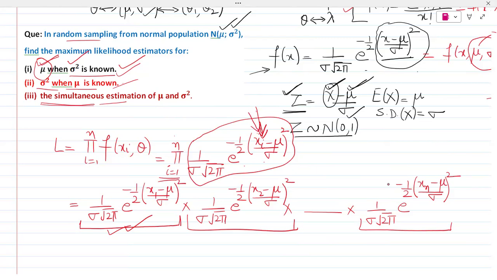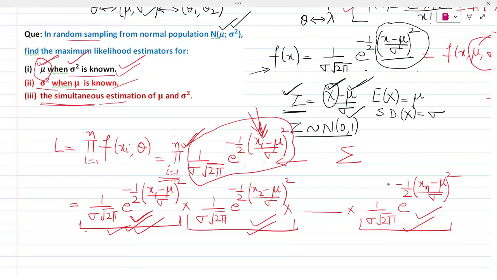So what is this pi? Pi stands for product, just like summation stands for sum. Basically, what are these terms? These terms are the values of the PDF of normal distribution at the first sample observation, at the second observation, and at the nth sample observation.